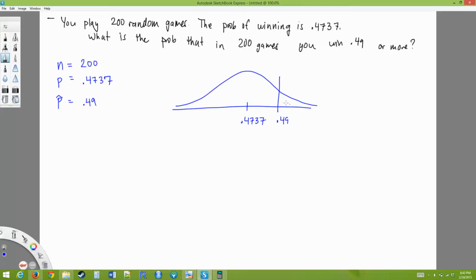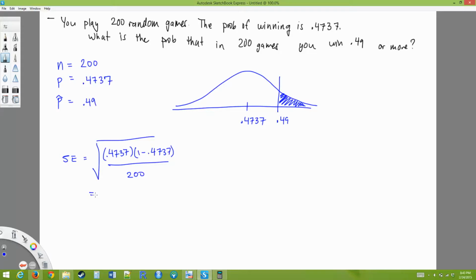And we want to know what's the probability of getting 0.49 or more. Okay? Well, my standard error is going to be, what's my standard error? 0.4737 times 1 minus 0.4737 over 200.